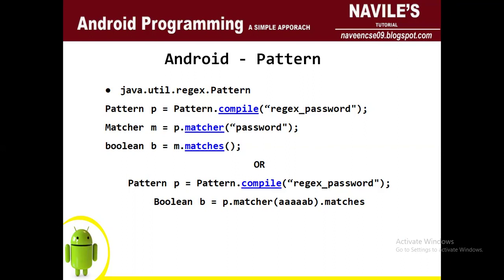The matches method compares the password entered by the user with the regular expression for a password that is compiled in the compile method. If the password entered by the user matches the regular expression, then the matches method will give you true.